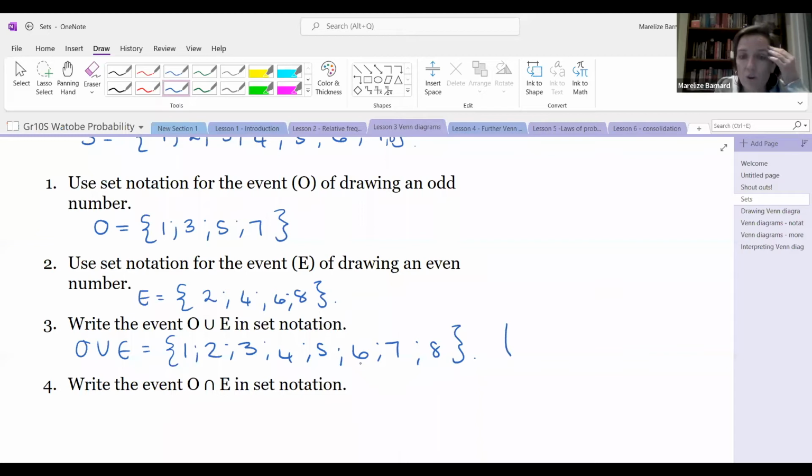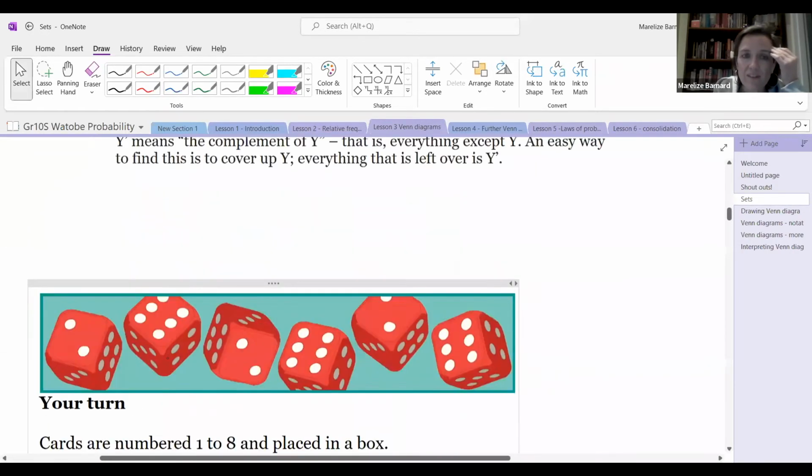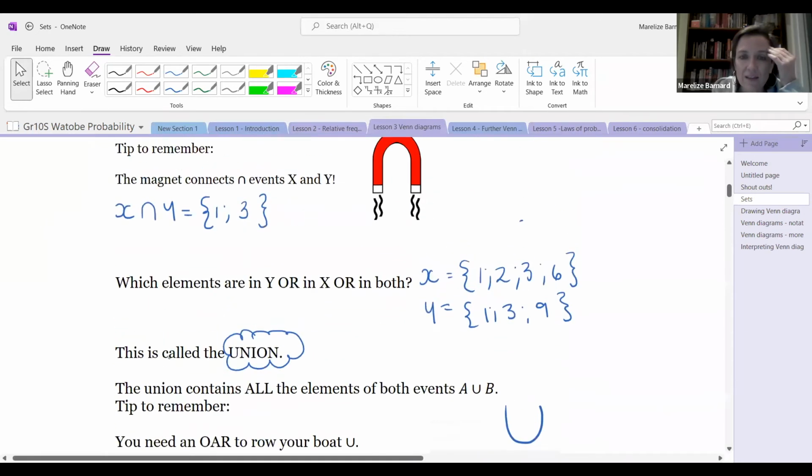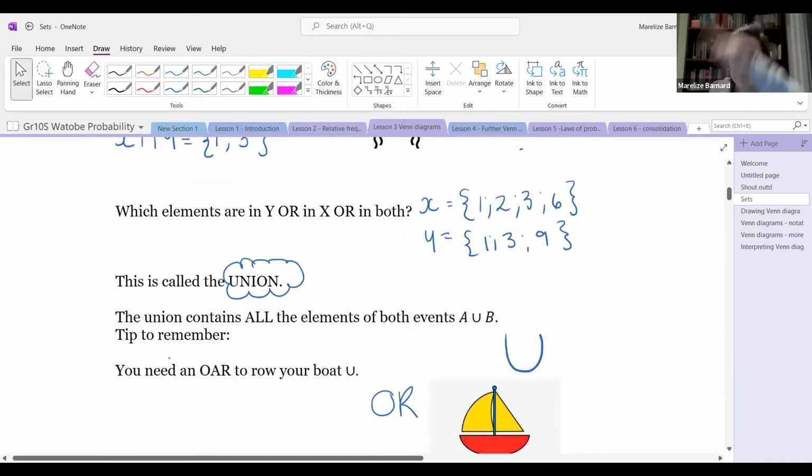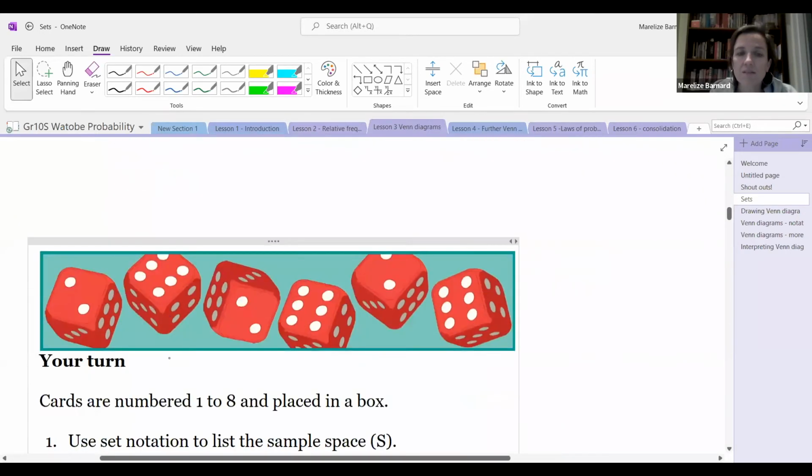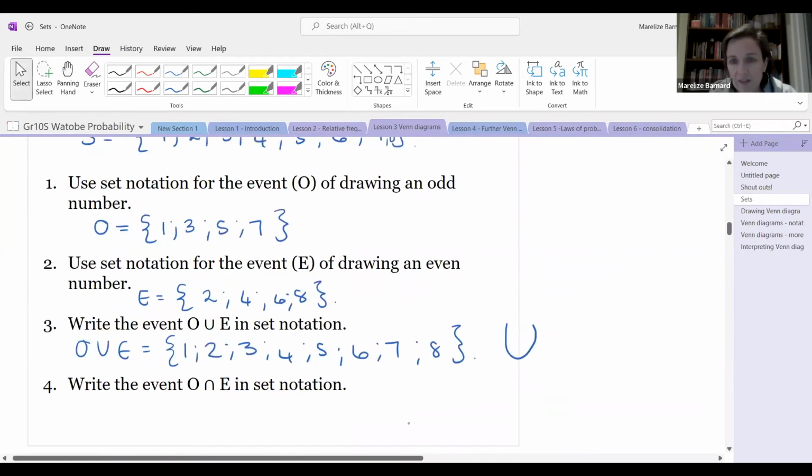It's not a U, it's just like that. And from our previous discussion, that symbol means or. So it means odd or even, so we take everything together.